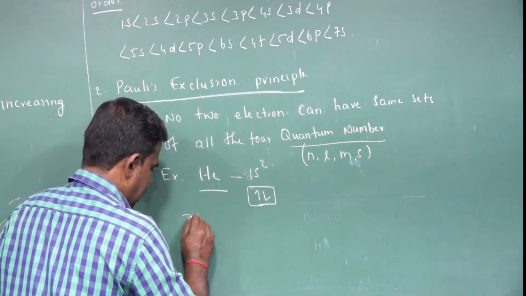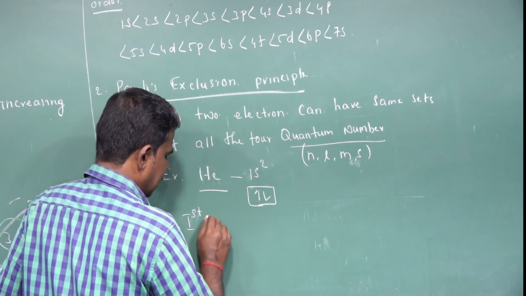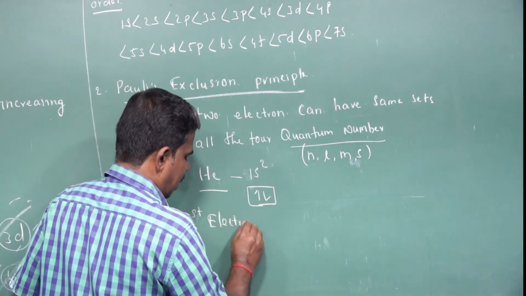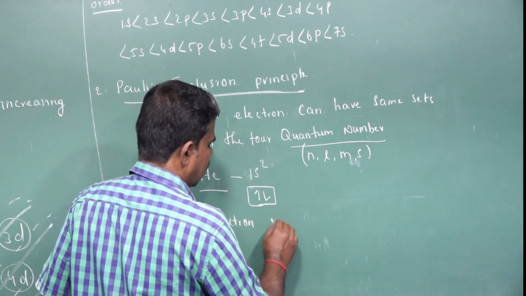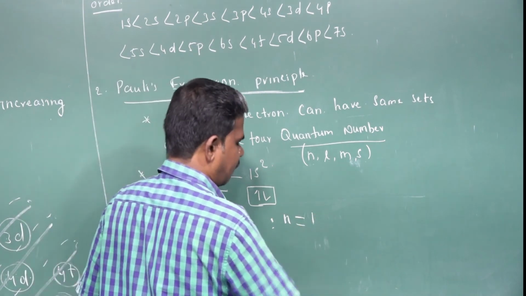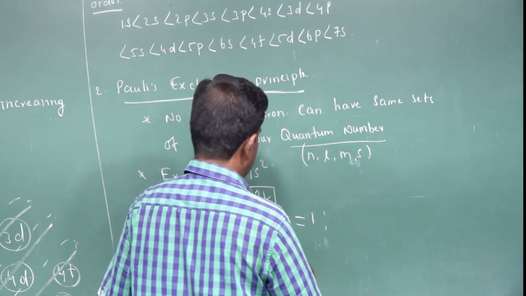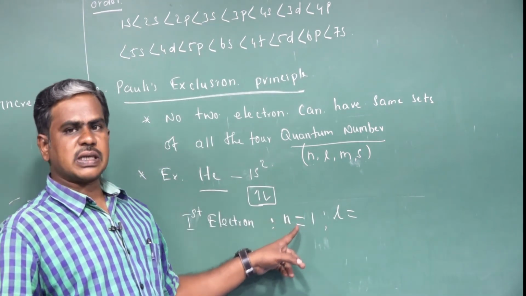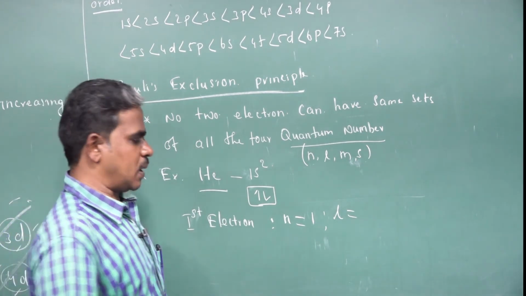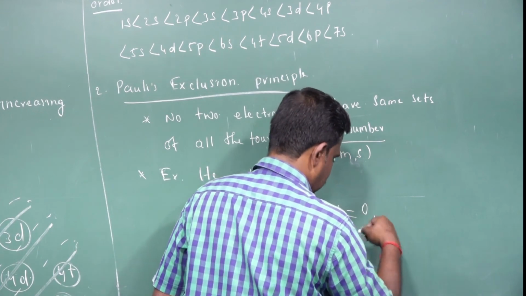Now we are taking the first electron and its quantum numbers. For the first electron, n is equal to 1, since it is 1s. And the l value depends on the n value; n minus 1 values of l are possible, so it is 0.